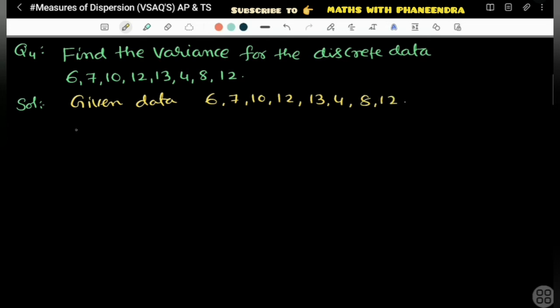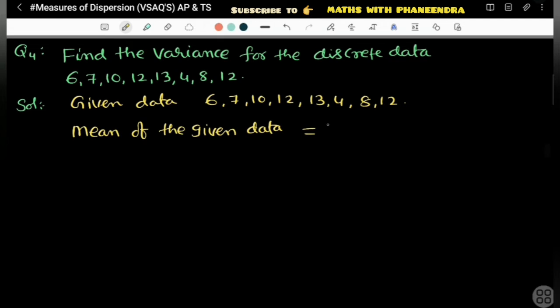So the mean of the given data, x bar is equal to sigma xi by n.